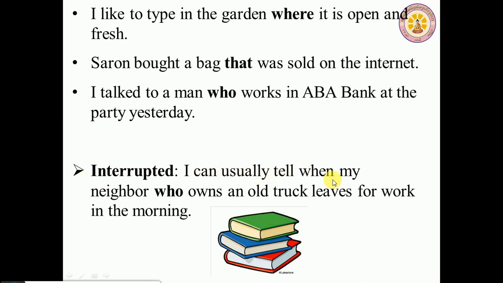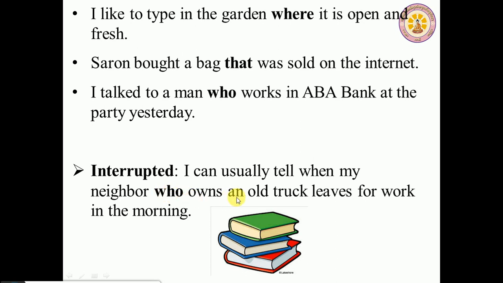I can usually tell when my neighbor, who owns an old truck, leaves for work in the morning. So here, who owns an old truck is the subclause introduced by who.